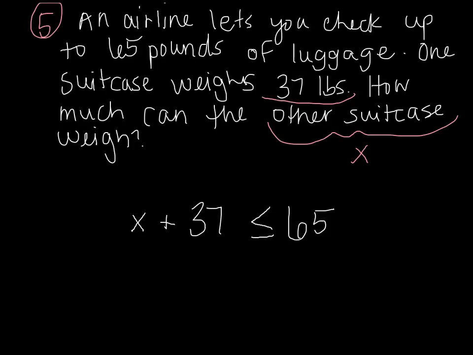So I have a positive 37, so to get 37 down to 0, I would subtract 37 from both sides, and I would get X is less than or equal to, what is 65 minus 37? 15, 7 goes into 15, 8 times. 5 minus 3 is 2.